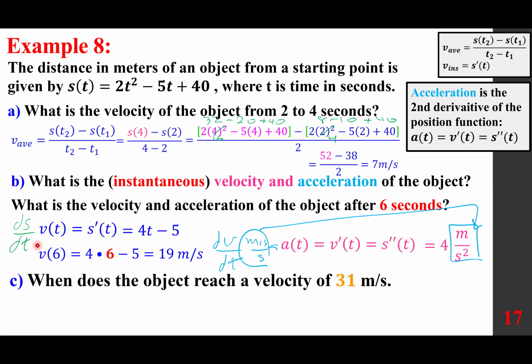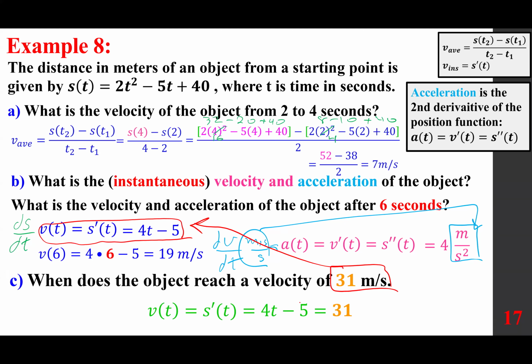When does the object reach a velocity of 31 meters per second? You said the velocity equals 31 meters per second.